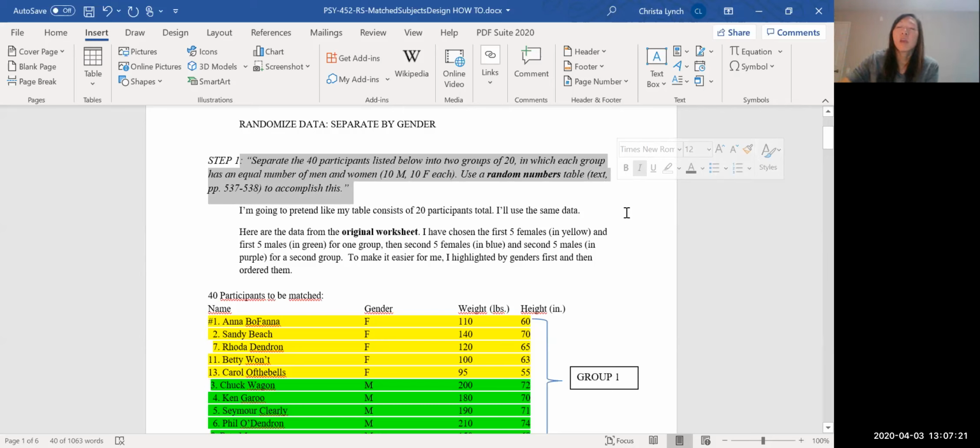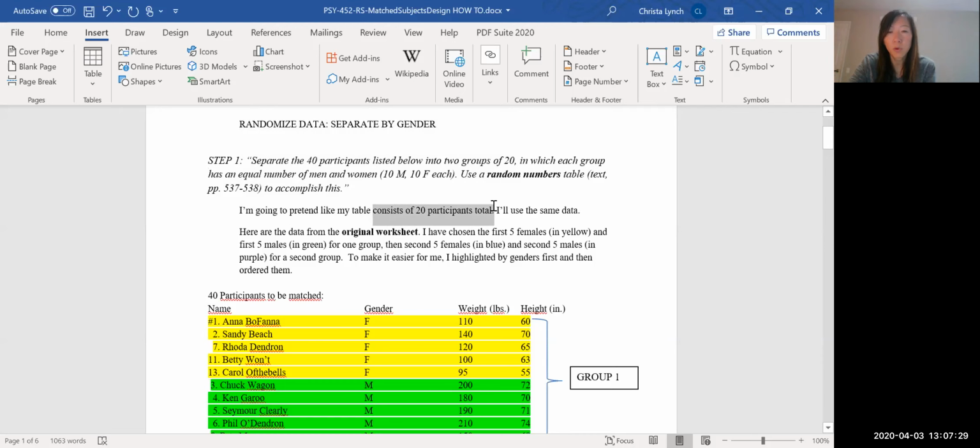All right. So anyway, what I'm going to do is pretend like my table only consists of 20 participants, which is taken directly from your 40. And here are the data. So since I have 20, I'm making two groups.